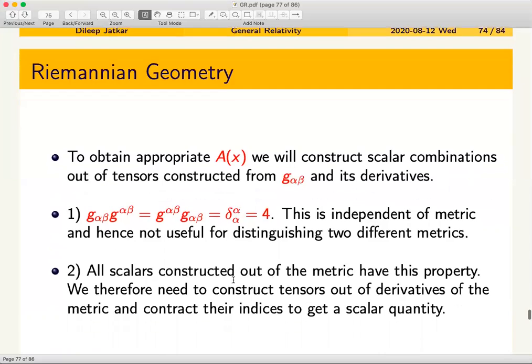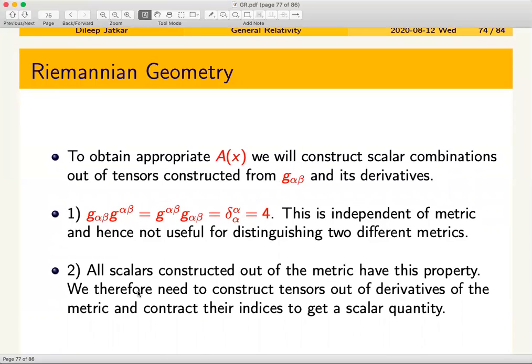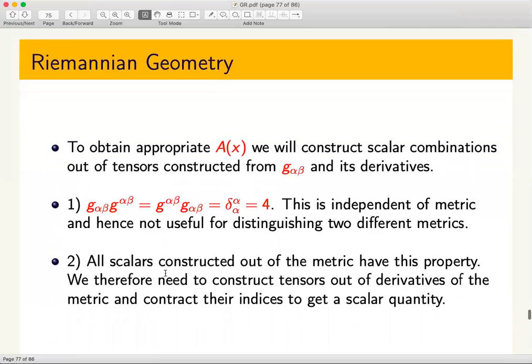Then we could ask, what if I construct scalars out of g mu nu by not taking quadratic but more complicated functions, but still construct a scalar. The problem is that it would have the same problem. All such scalars constructed from only the metric would lead you to some number and they won't be able to distinguish geometries.